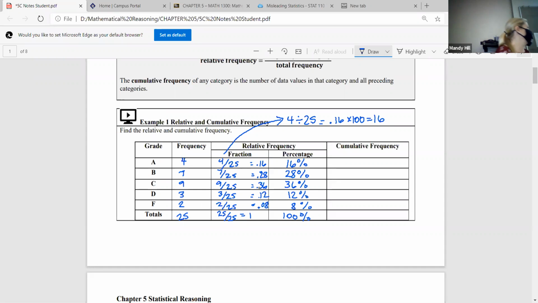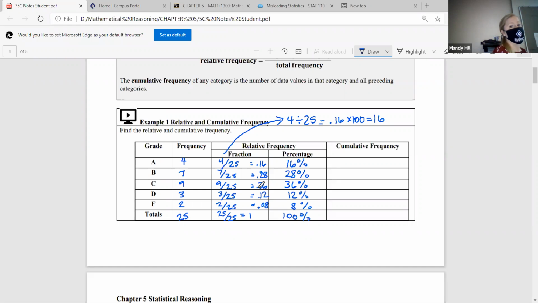Now, there's going to be some times when you might not get 100%. In those cases, you might get really close to 100%, but if for some reason you're having to round, these percentages here all came out perfect, right? When we divided, we didn't get any weird decimal numbers. We just got 16, 28. But sometimes you might have to round, like you might get some crazy number like 32.376%, right?